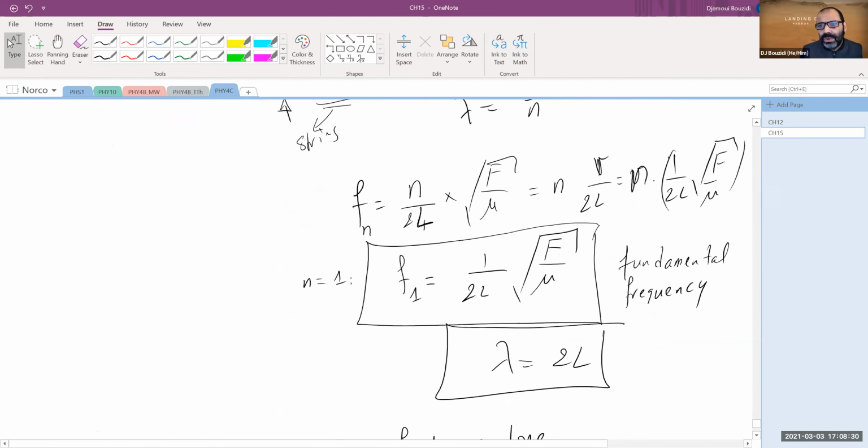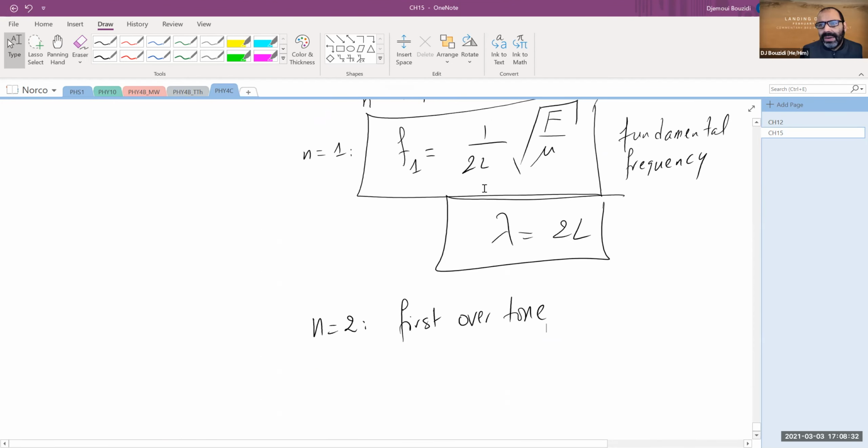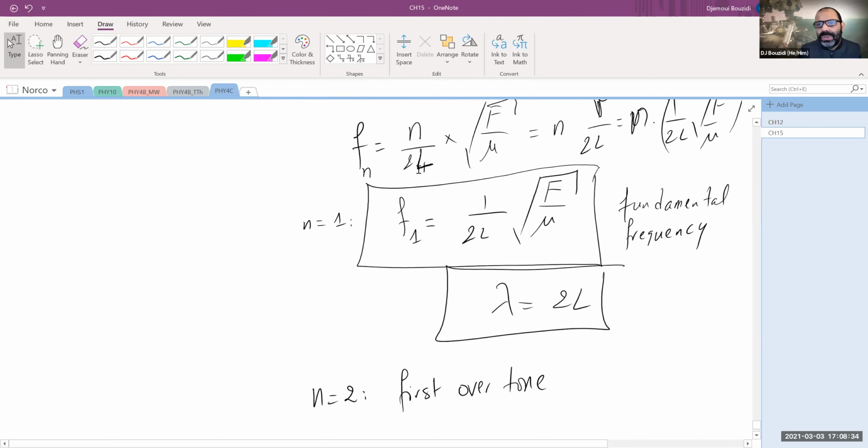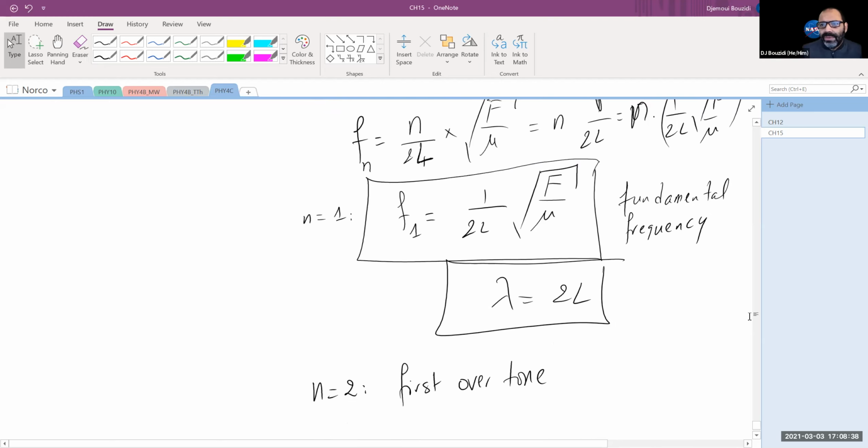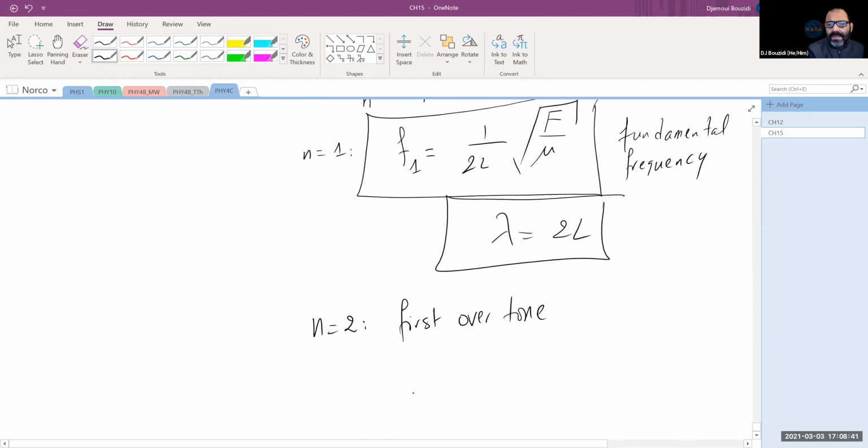But this is the first overtone, where n is equal to 2, so the 2 cancels the 2, and I'm left with the frequency f2, which is twice the fundamental frequency. So it's going to be 1 over L times the square root of F over mu.